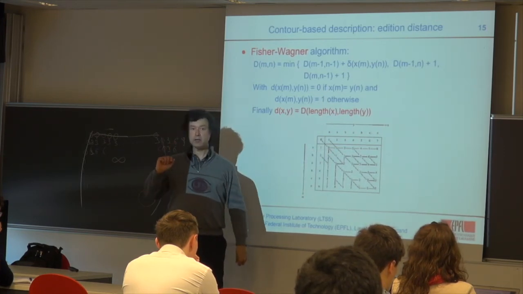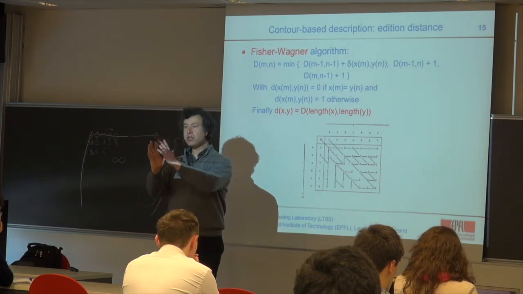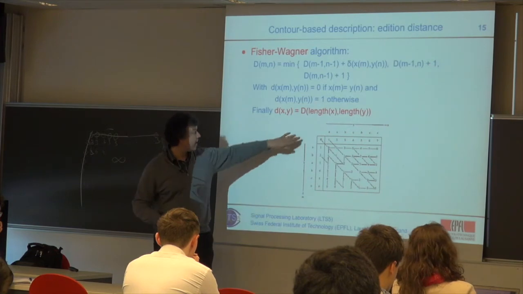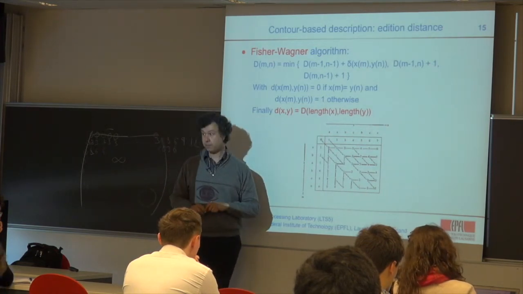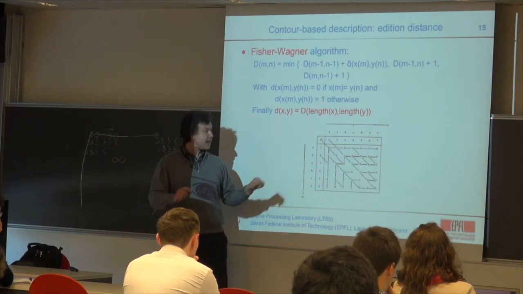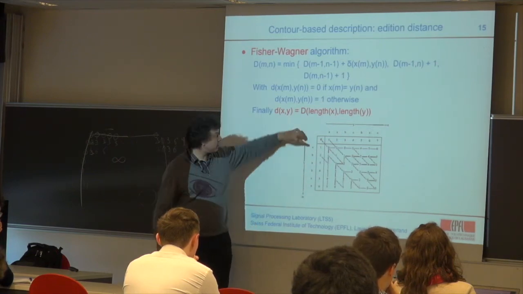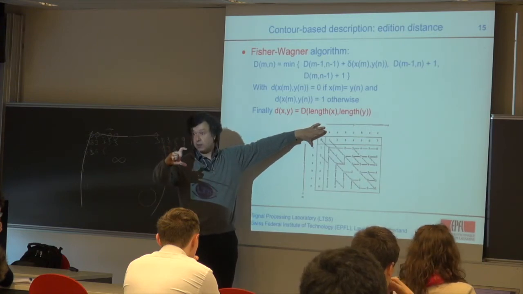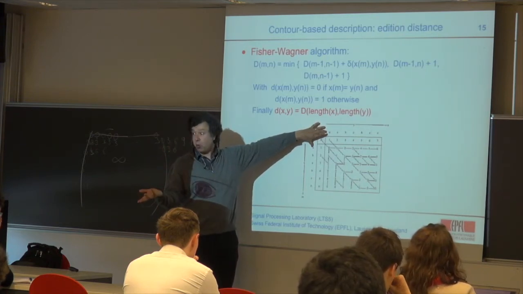Or you say, it's pretty much the same as looking at the two chains that have one character less, empty and empty. And to go from empty to empty, you need 0. And then you still have to see whether you need an additional operation for the last character. If they are the same, you don't need anything more.